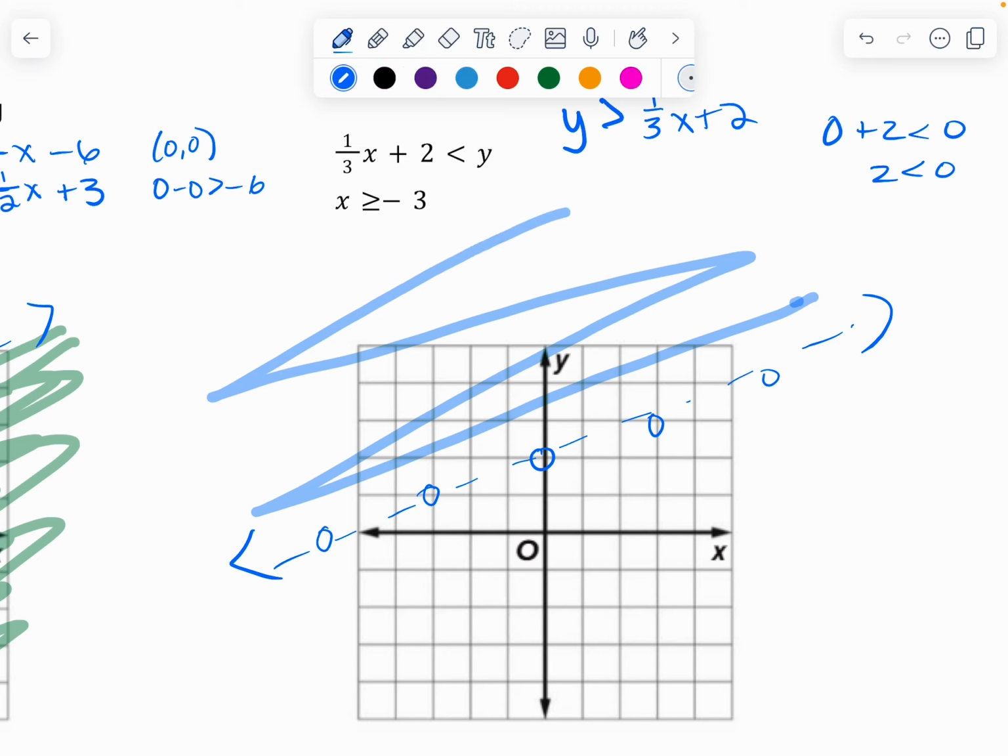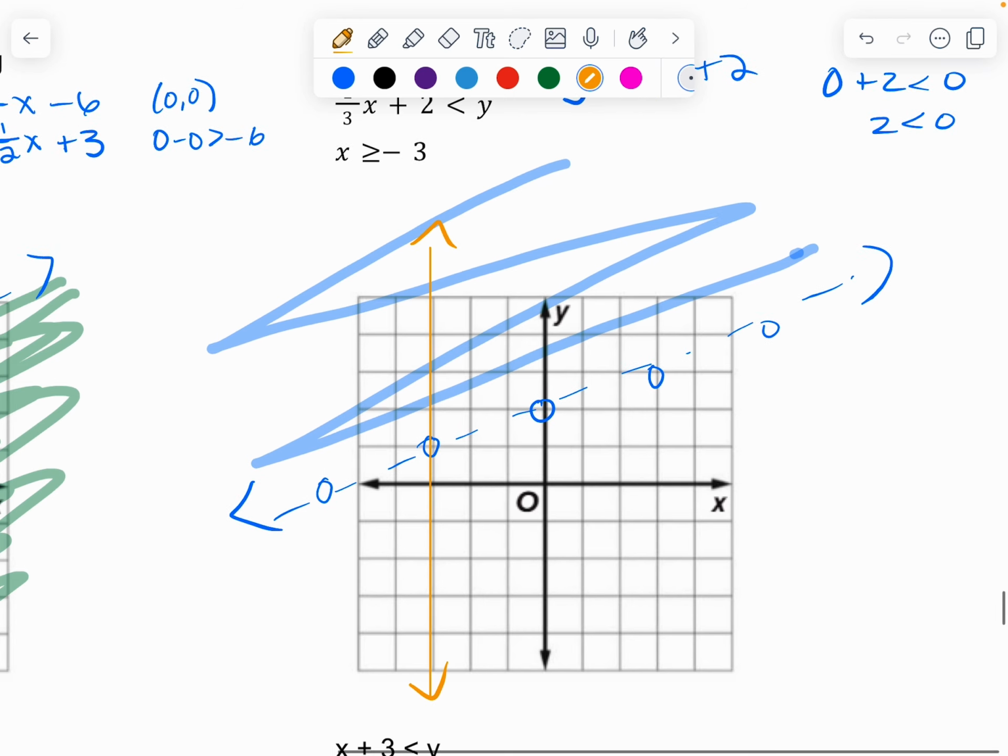Then, this one right here. Y, that says x, not y. So x is negative 3. So that's a solid line. And it's the numbers greater than negative 3.